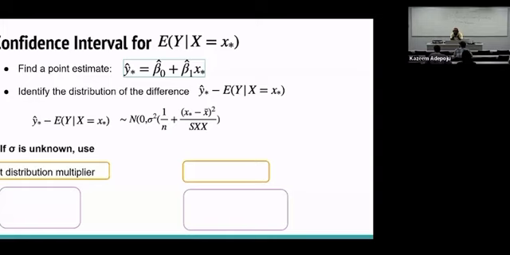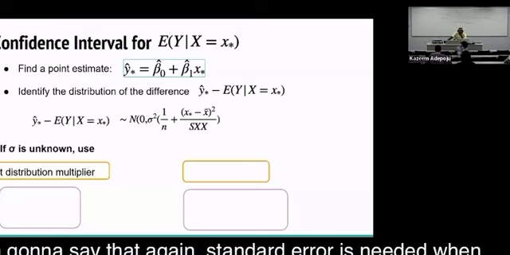The only way to get to the standard error is to get the variance. When I get the variance of the difference, I'm going to find the square root of the variance, and that will give me the standard error. Why do I need standard error? I need standard error when I want to construct a confidence interval. I'm going to say that again. Standard error is needed when constructing a confidence interval.